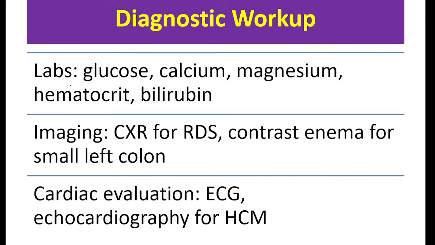Regarding the diagnostic workup, it includes several important tests, but most important are the blood glucose level, serum calcium level, magnesium level, hematocrit, and the bilirubin level. These should be checked initially. Imaging should be done, like chest X-ray to detect respiratory distress syndrome or RDS, and contrast enema if we are suspecting small left colon in these newborns.